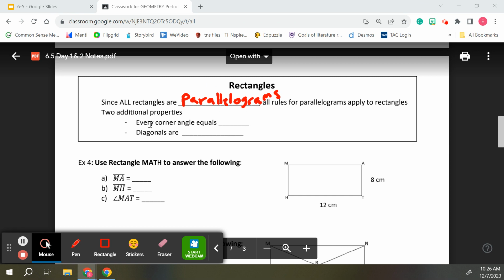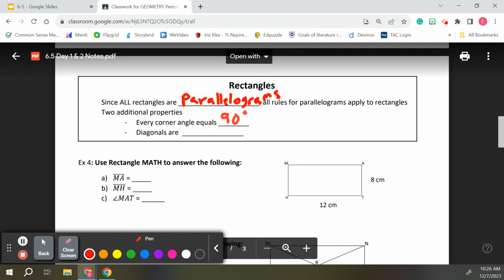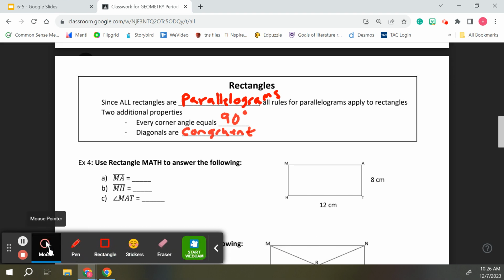A couple of new rules are two additional properties: every corner angle equals 90 degrees, and diagonals are congruent. A parallelogram is a rectangle if you have two of those in there. The diagonals also bisect each other. They're not perpendicular bisectors, but they do bisect each other as well, okay?